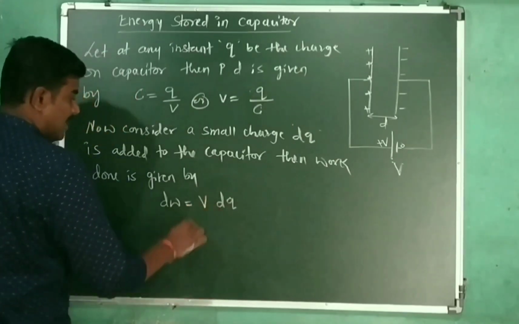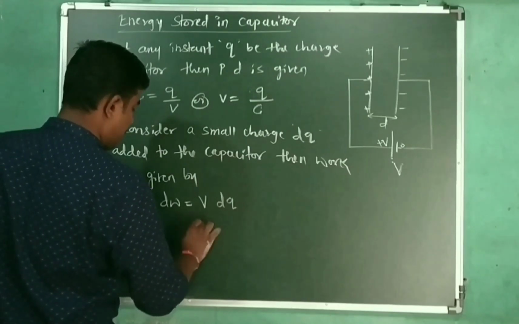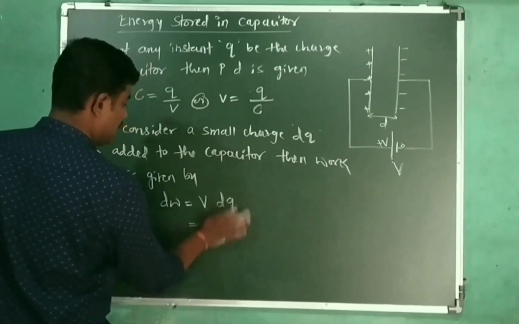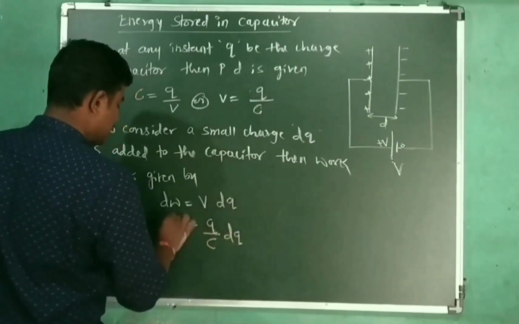And V is equal to what? It is Q divided by C into dq. This is dW.